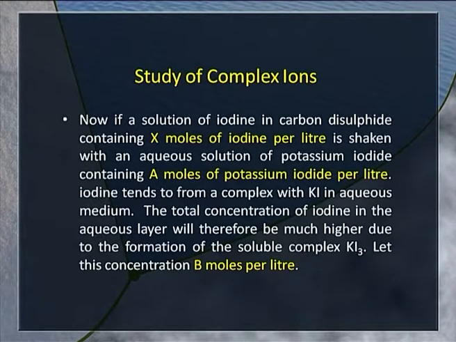If a solution of iodine in carbon disulfide containing X moles of iodine per liter is shaken with an aqueous solution of potassium iodide containing A moles of potassium iodide per liter, iodine tends to form complex with the KI in aqueous medium.